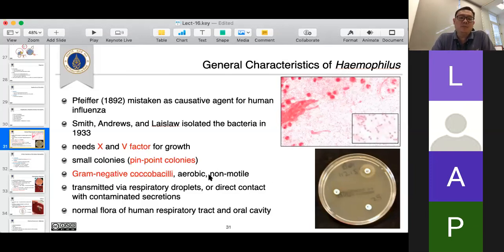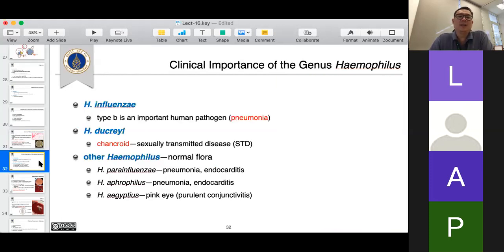They cannot move; they are non-motile bacteria transmitted by small respiratory droplets. When people are coughing or talking, they generate small droplets, then you might get infected by the droplet of someone who is infected. It is normal flora of the human respiratory tract and oral cavity, okay?